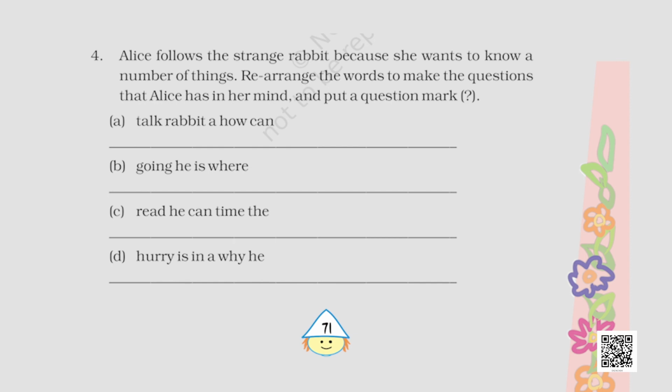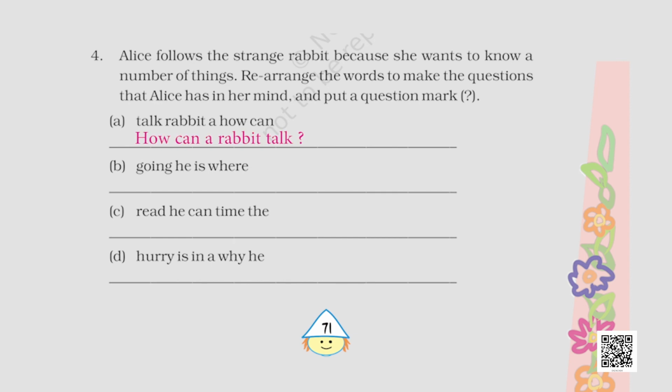You have to rearrange these words and make the question that Alice would have had in her mind. Let us try. Question A, talk, rabbit, how can. Can you guess the question? Yes, how can a rabbit talk?